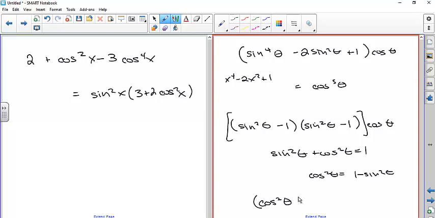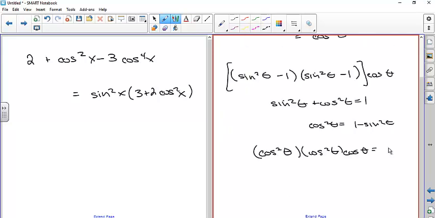So I get cosine squared of theta times the cosine squared of theta times the cosine of theta. And that's supposed to equal cosine to the fifth of theta. You add the exponents, you get cosine to the fifth of theta, which is equal to cosine to the fifth of theta. And lo and behold, it does work.